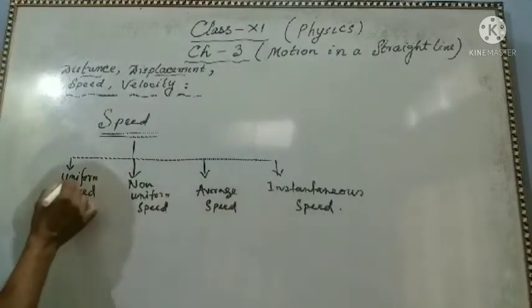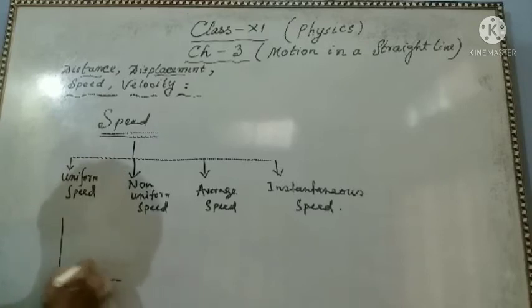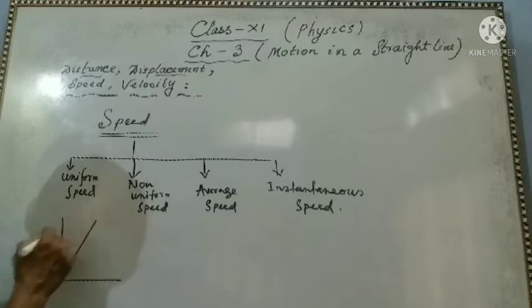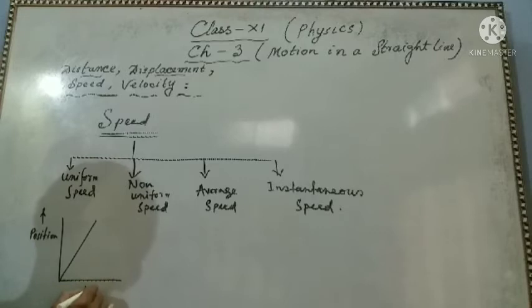The graph for uniform speed, a position-time graph, will be like this: position in this direction, time in this direction. This is uniform.